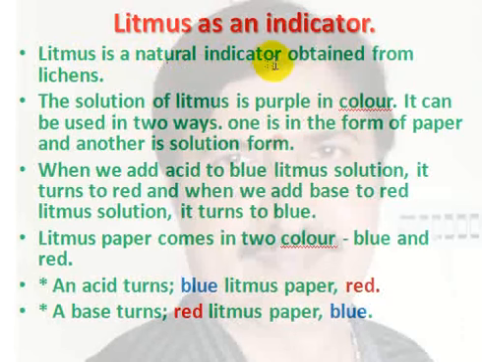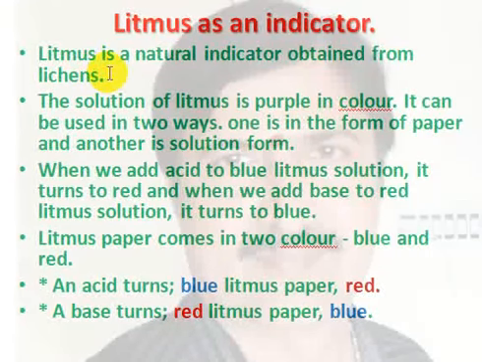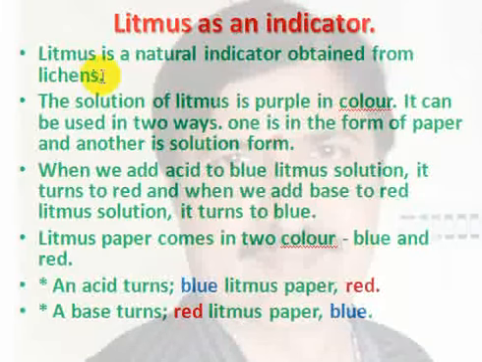Litmus is a natural indicator. It is obtained from lichens. Lichens are organisms in which algae and fungi live together. They grow on rock surfaces. So lichen is an example of symbiosis.